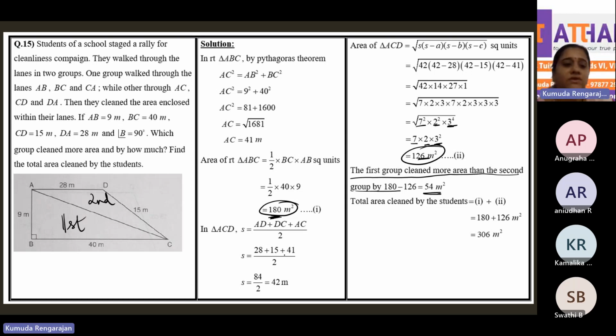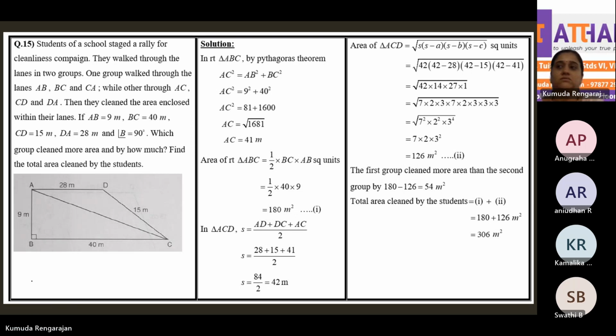Correct? Then we also have to find the total area cleaned by the students. The total area will be 180 plus 126, 306. Correct, children? Any questions, online students? No doubts, ma'am.